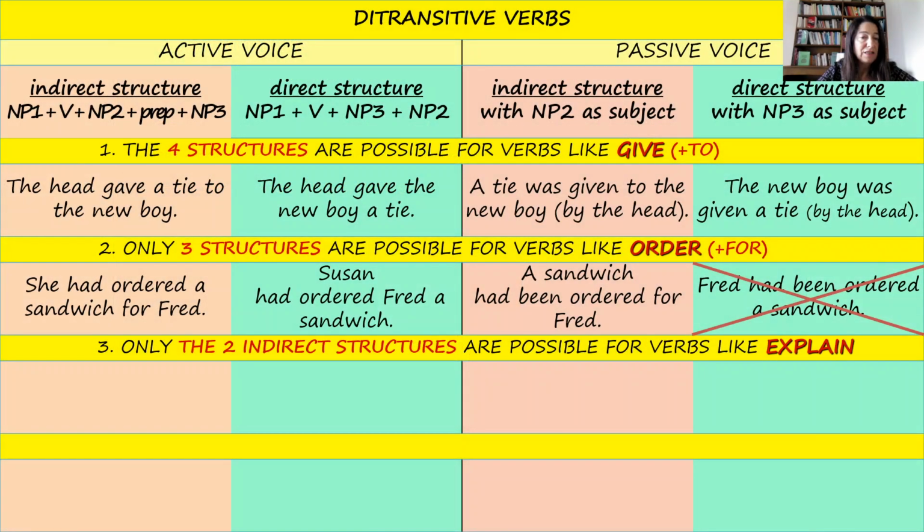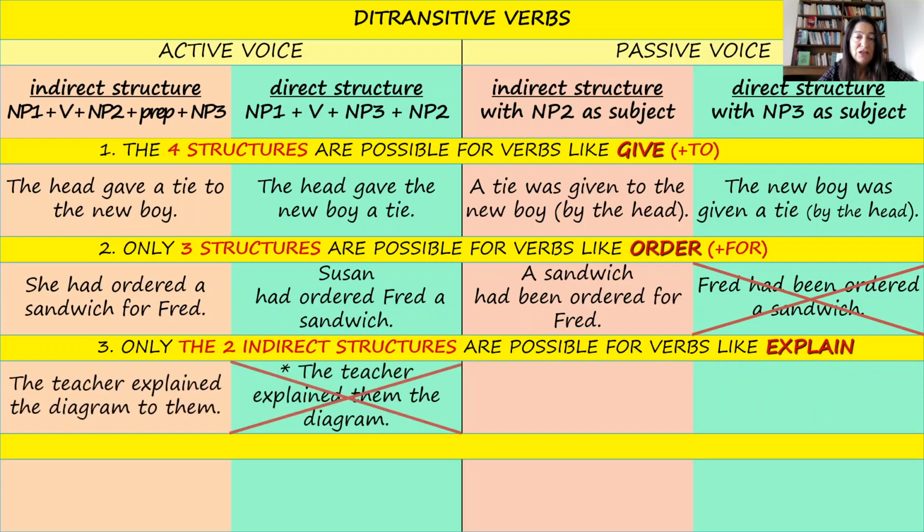Let's sum that up in the table here. So the third category of verbs we're looking at is the category for which only the indirect structures are possible. In the active voice and in the passive voice, only the indirect structure is possible for verbs like explain.